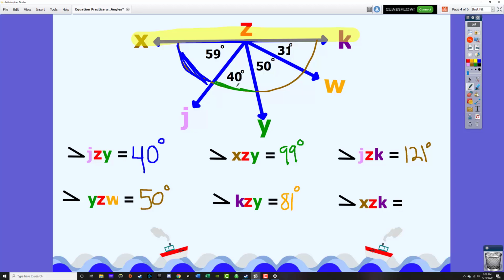This chunk right here is 40 degrees. This next part is 50 degrees. And finally, our last part here is equal to 31 degrees.